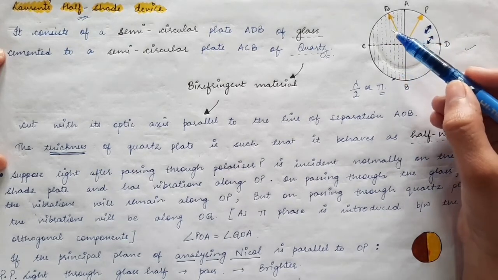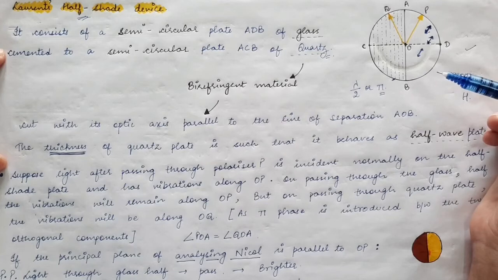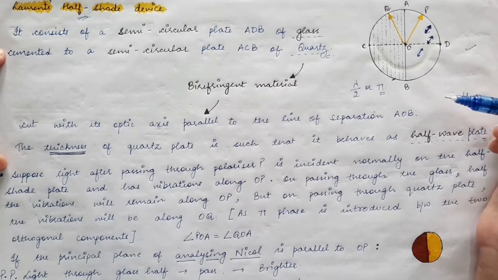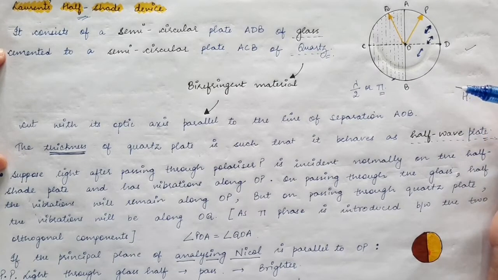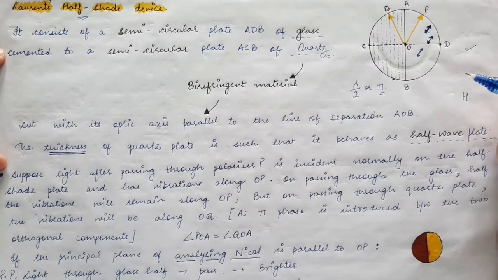But what will be the light which will emerge out of this half wave plate? The half wave plate works in such a manner that the light which comes out of it will have orthogonal vibrations with a phase difference of pi, which is introduced by the wave plate. So this is the working of a half wave plate.